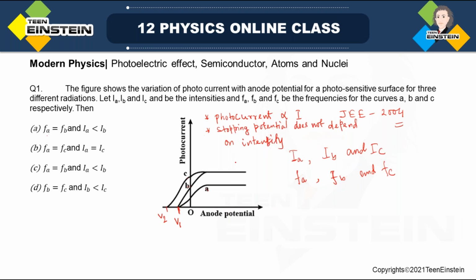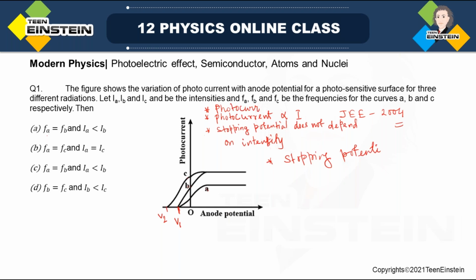And the third point is that the stopping potential actually depends on the frequency of the incident radiation. One more point I should write: photocurrent does not depend on frequency.